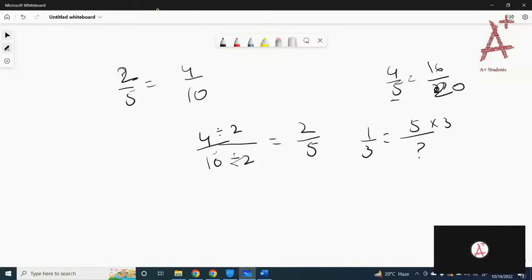So 5 times 1 is 5 and 3 times 5 is 15. So it would be then 1 by 3 equals 5 over 15. Got it?